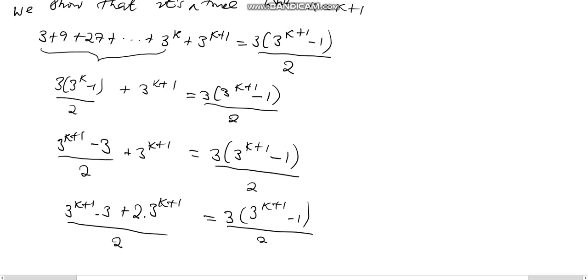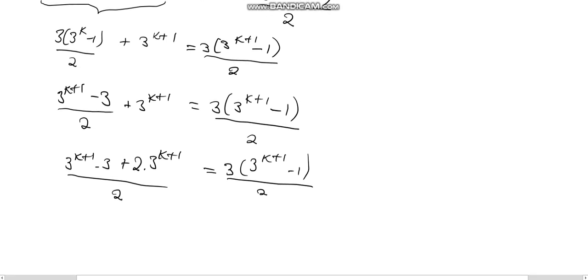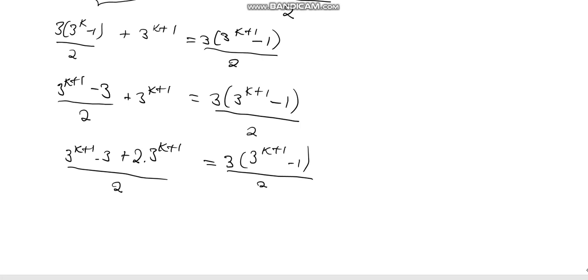So now these two terms that we have here, this is 3 to the power k plus 1 and this is 3 to the power k plus 1. So 3 to the power k plus 1 here, we treat it like a variable the same way we treat x plus x or 2x plus x rather. So it's the same thing that we do here. So here it means that we just add the coefficients of 3 to the power k plus 1 and this side 3 to the power k plus 1.